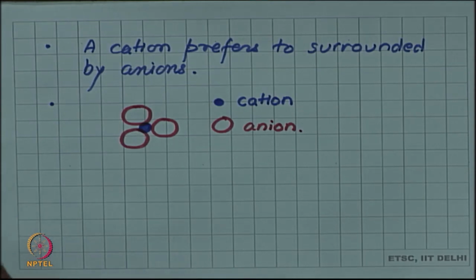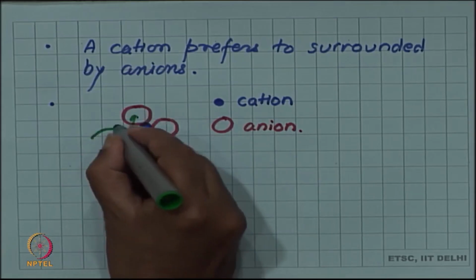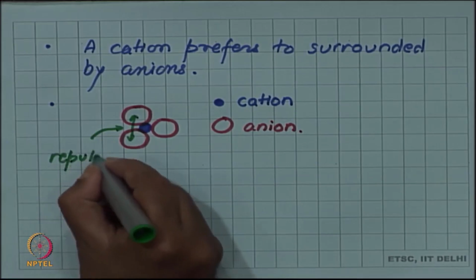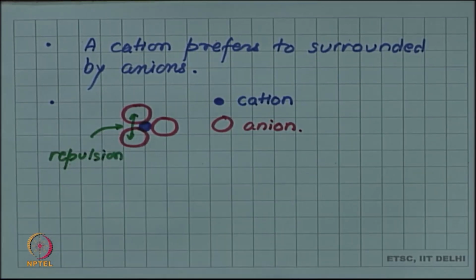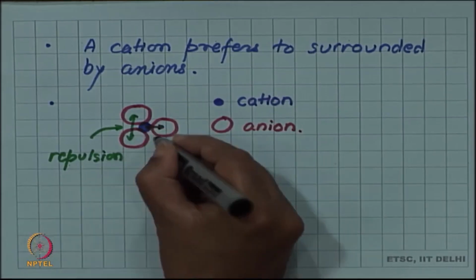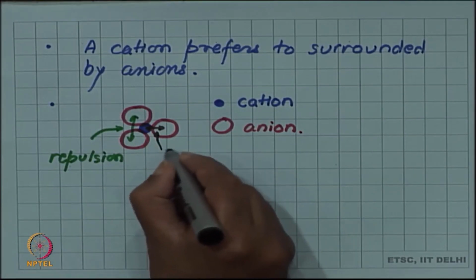Now, anions also are repelling. So, they will like to maximize this distance. This is repulsion, whereas obviously there is attraction between anion and cation. So, they are as close as possible.